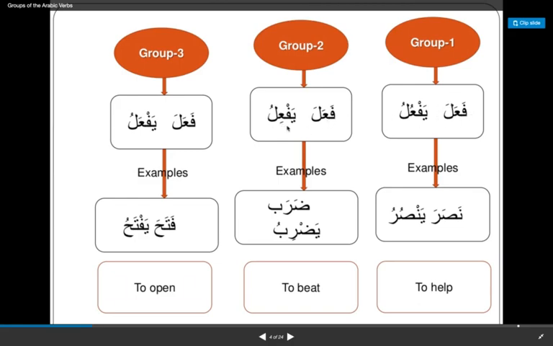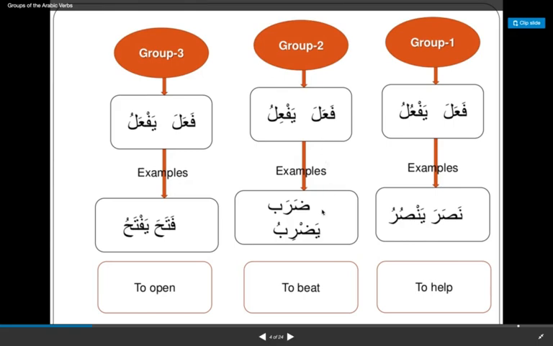The second group is also a 3-letter verb, and here we have فعل, the same way, but in the present tense we change the حركات: يفعل. The difference between group 1 and group 2 is that in the present tense here, the third letter has a dhamma, however here it will have a kasra. We have examples like ضرب, يضرب, and نصر, ينصر.